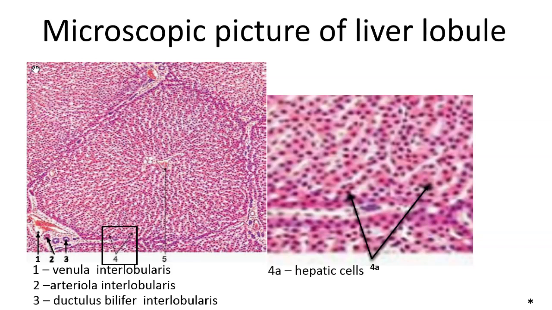So number 4a, they are numerous hepatic cells, hepatocytes, and the space 4b is called sinusoids. They are sinusoidal capillaries, or sinusoids. This is the same. And again, number 5, this is the centrally located vena centralis.